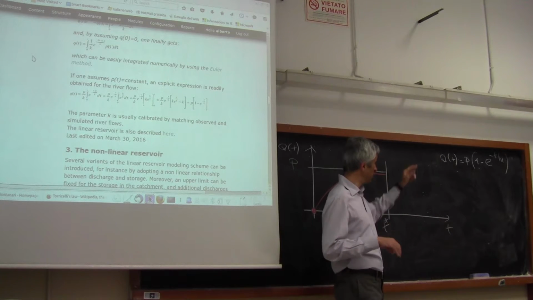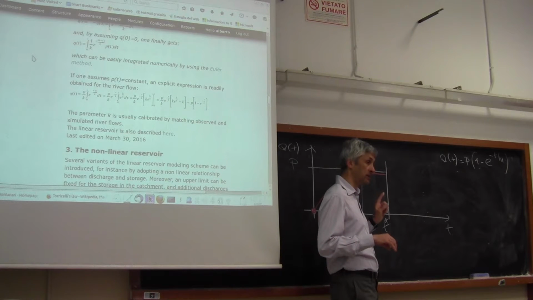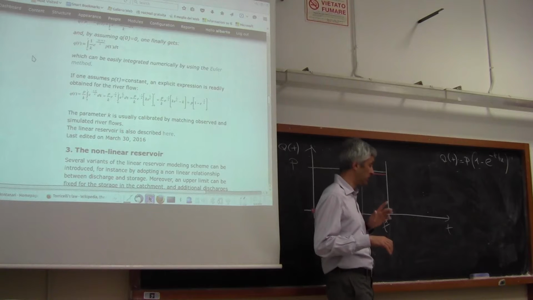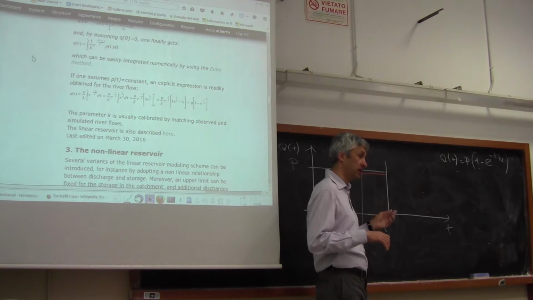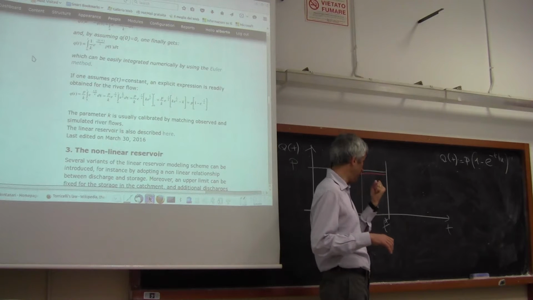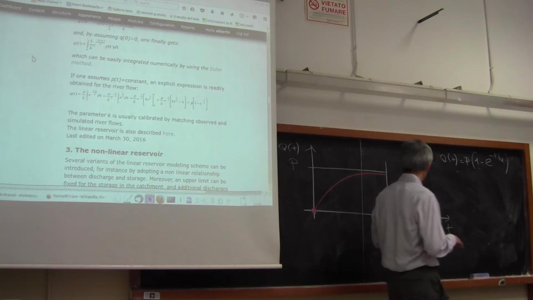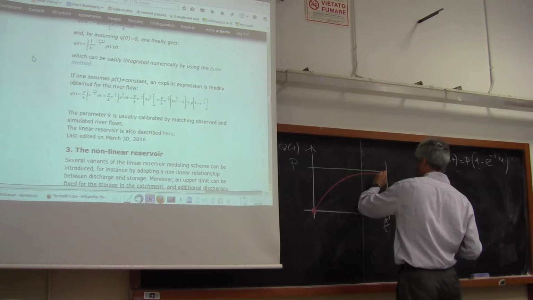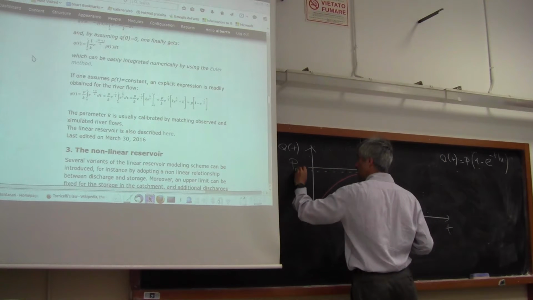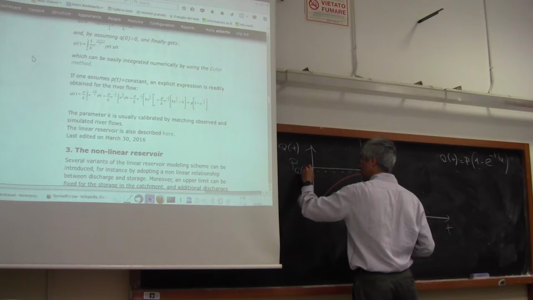We can apply the model from here, but of course, if we have null rainfall, then we have to apply the model using the initial condition properly. The initial condition should say that this value is Q(t star).